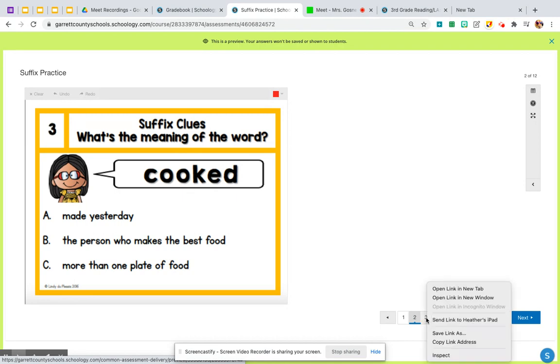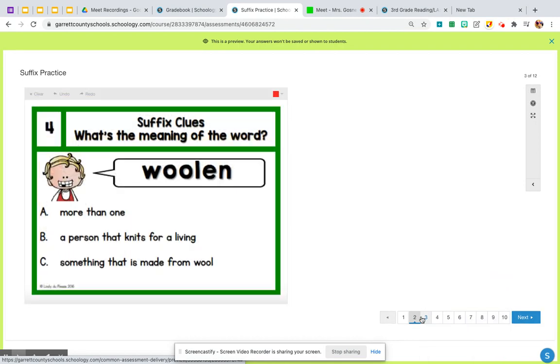Here's another example of a task card you're going to have to complete. Woolen. En means what? Made of. You're right. Oops, sorry, this is woolen. I apologize. So the suffix here is en. That should give you a clue. It means made of.